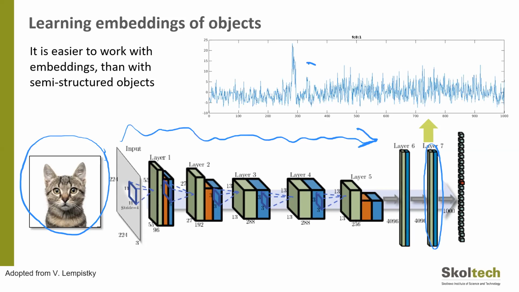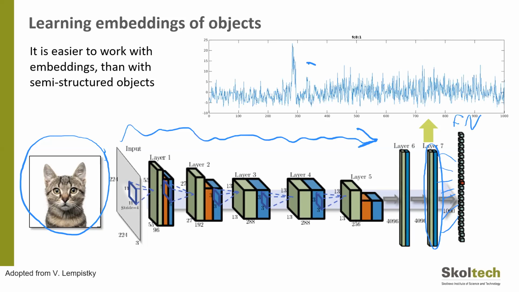So we extract a representation from a complex object, and you can replace the fully connected layers, this kind of logistic regression layer after the embedding layer, with, for example, gradient boosting, and it works quite well.